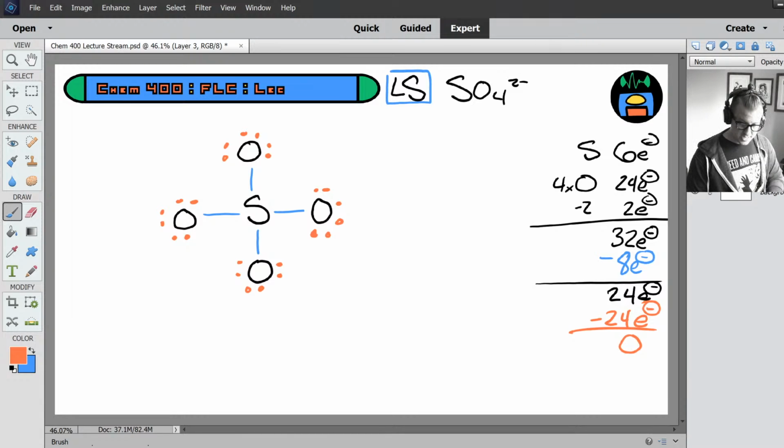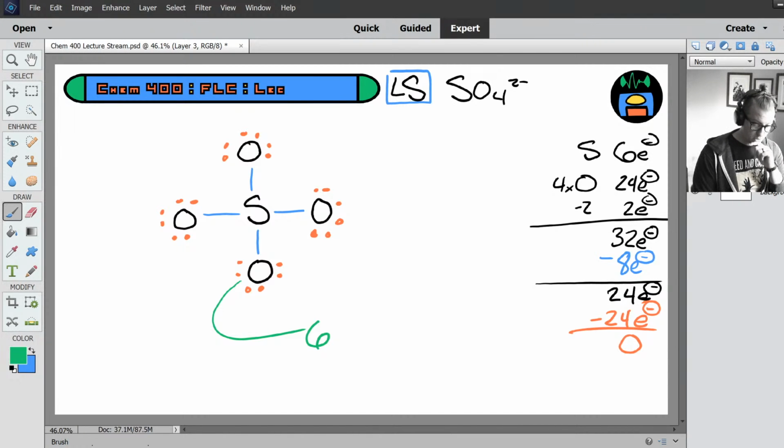Now, if we calculate the formal charge of any one of these oxygens, I'm just going to calculate this one. Oxygen, when it's neutral, has 6 valence electrons. When you're calculating formal charges, you count 1 electron per bond and then all of the lone pair electrons.